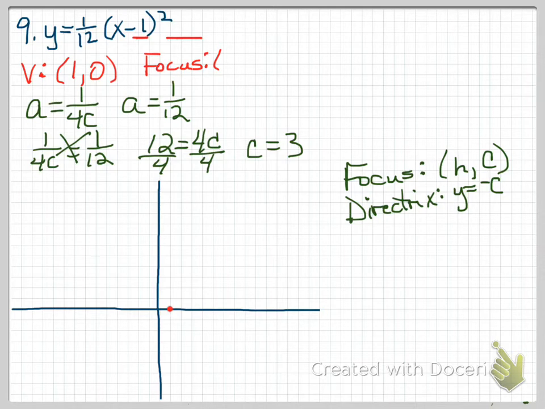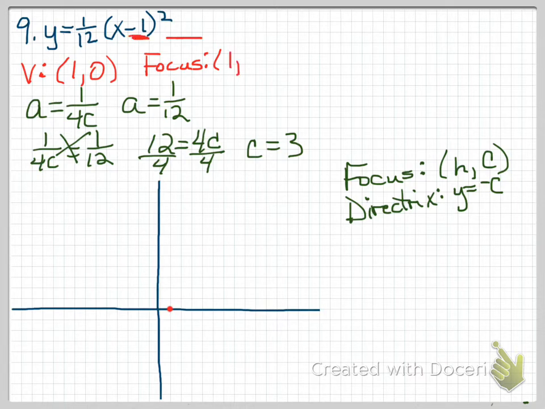So now remember that it changes vertically, so we see the change happen in the y value of our coordinate pair. The h in our focus is going to be the same h as in our vertex because it's on the same axis of symmetry.